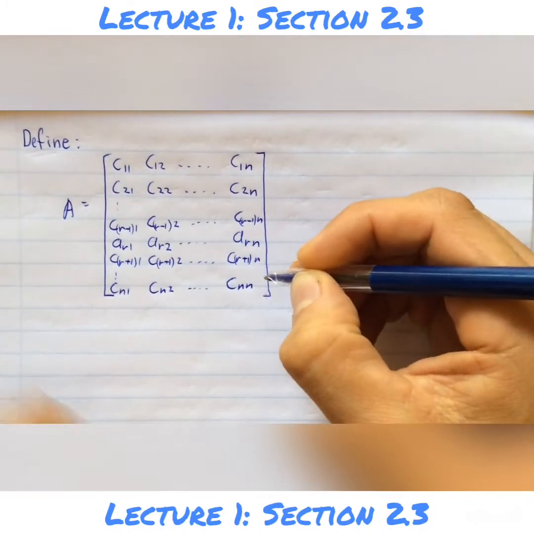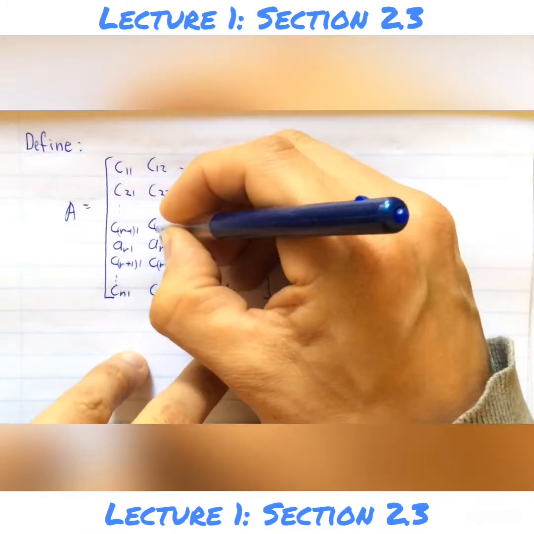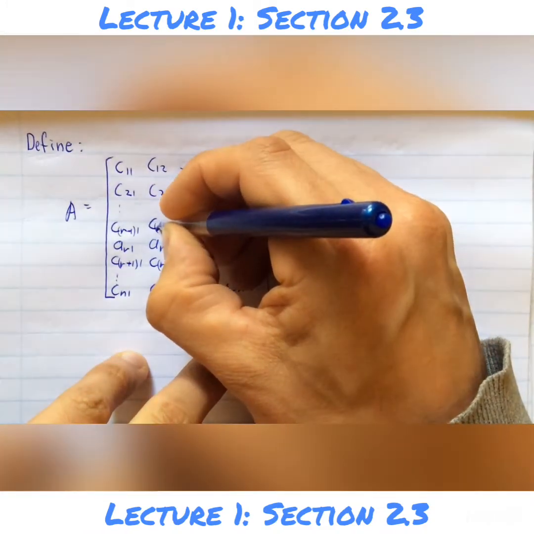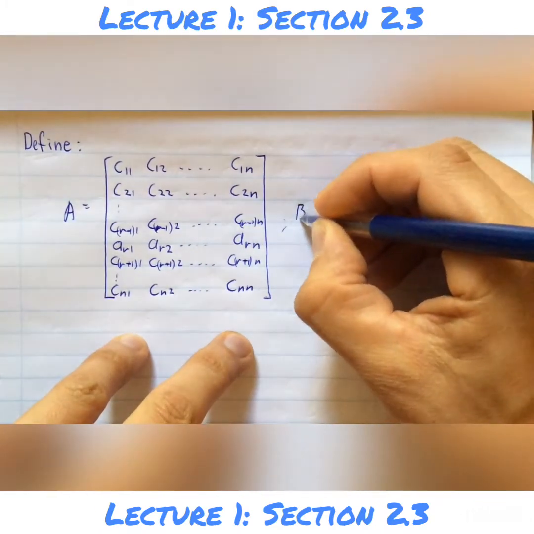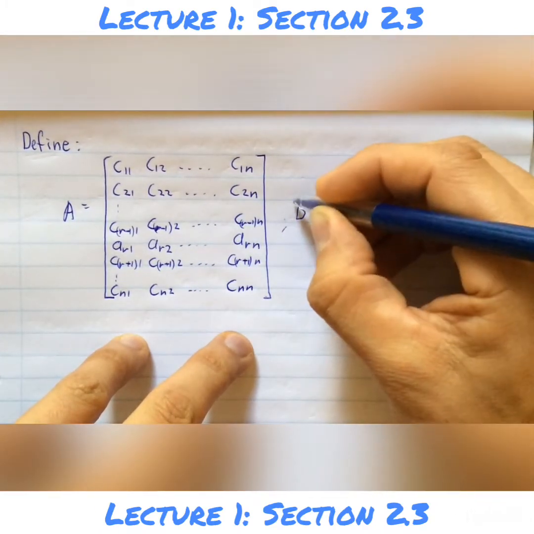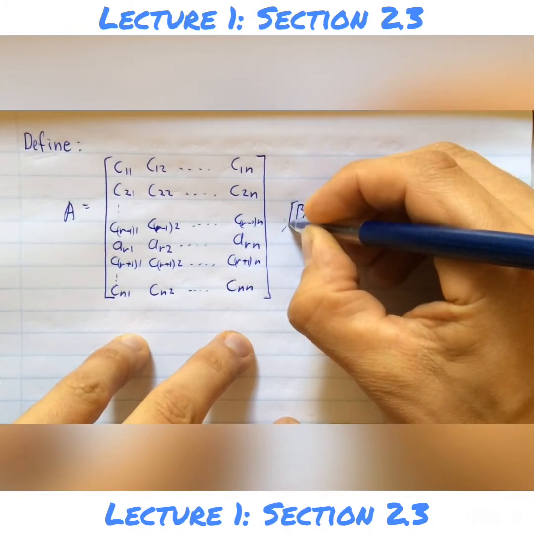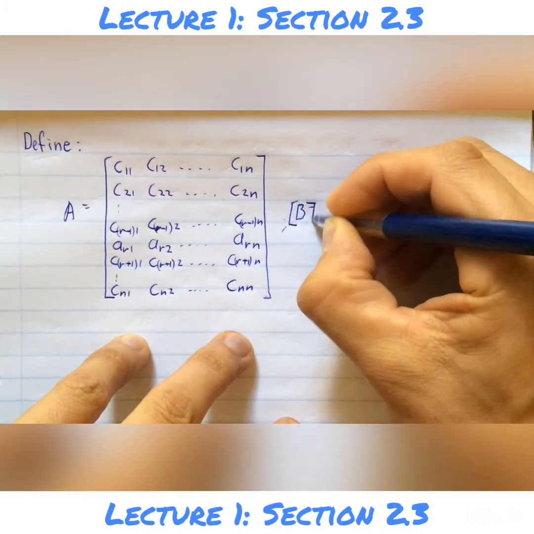All right, so we define the matrix A as that matrix there, and then you can define B as pretty much the same.